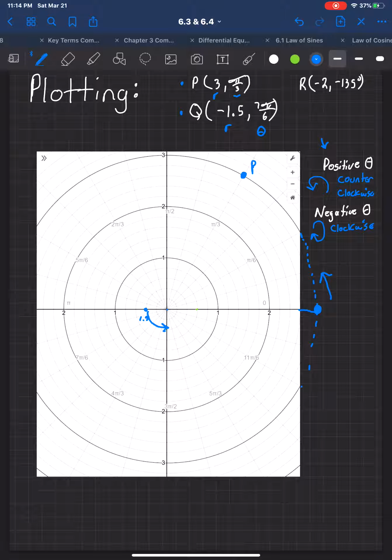quite unfortunate, I can't see the lines as well as I would like to be able to. But I would have to rotate 210 degrees on that circle, which would put me about here.